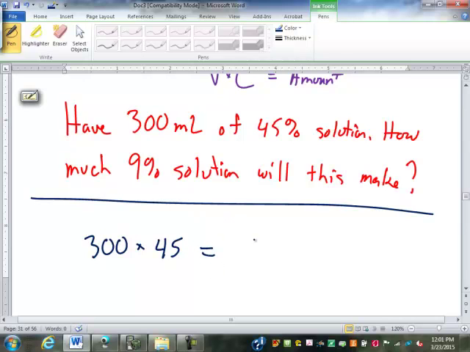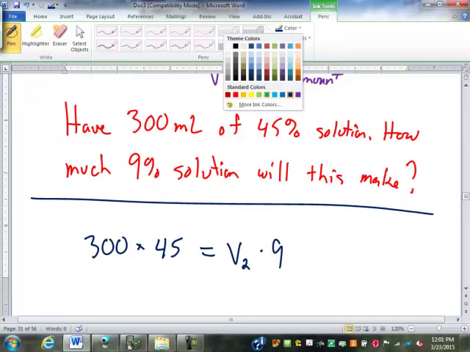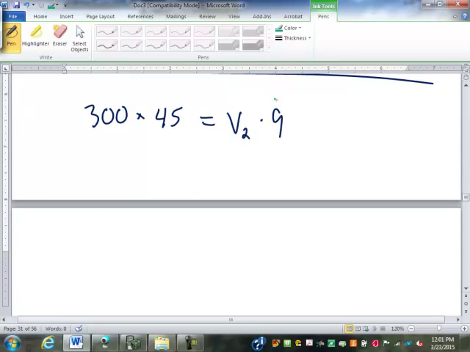On the other side, I'm looking for the volume. So this is my second volume, V2, times that percent of 9%. And again, I'm just going to write it as 9 so I don't have to work with the decimals. So I've got 300 times 45 is 13,500 equals V2 times 9.